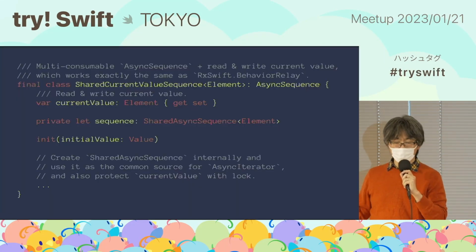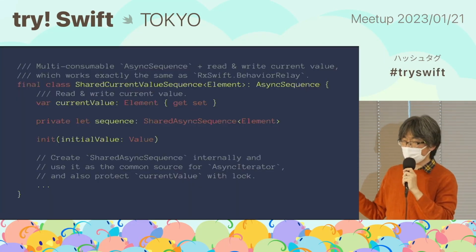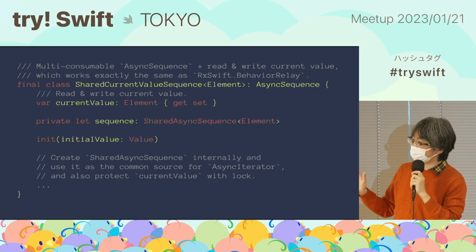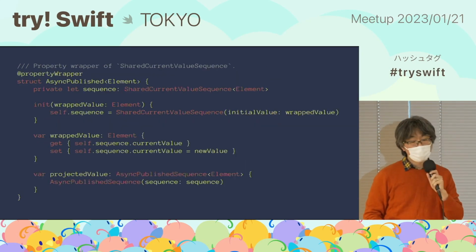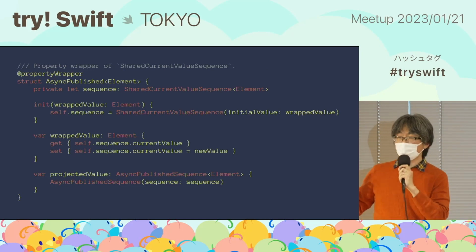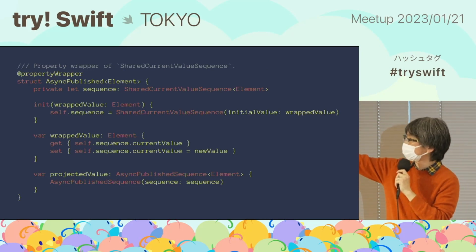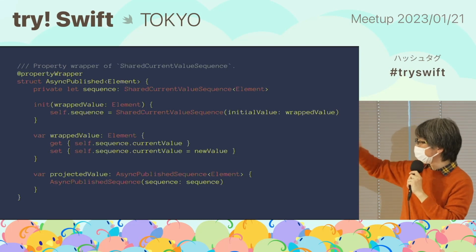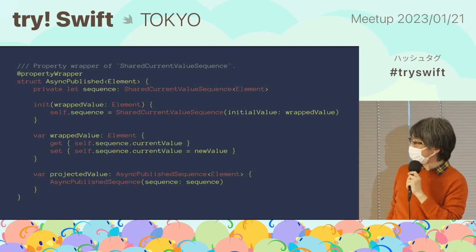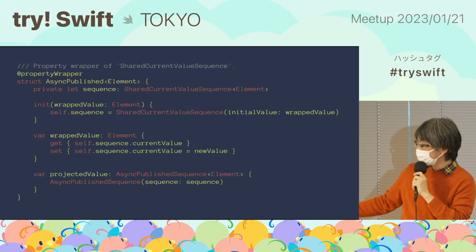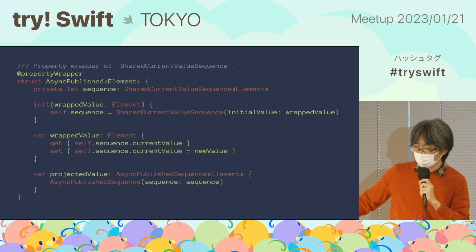By doing this, we can create the same behavior as RxSwift's BehaviorRelay. Then we can consider implementing its property wrapper. Inside, we are using that previous shared current value sequence, and we are creating its property wrapper. And the implementation is straightforward. I will talk about the projected value in a minute.